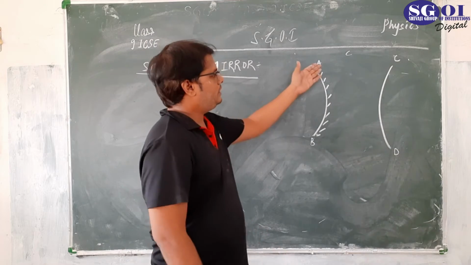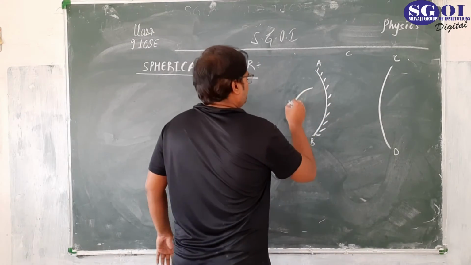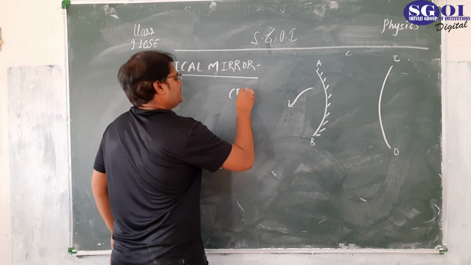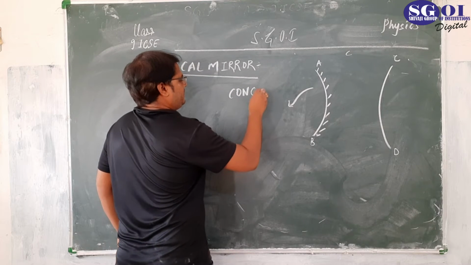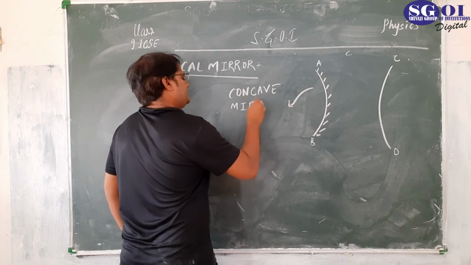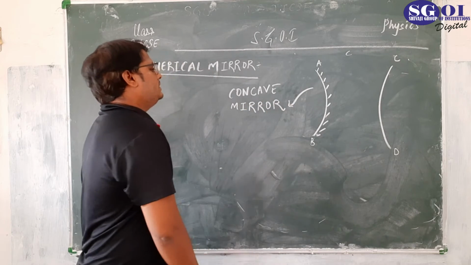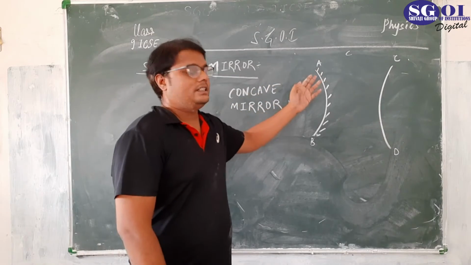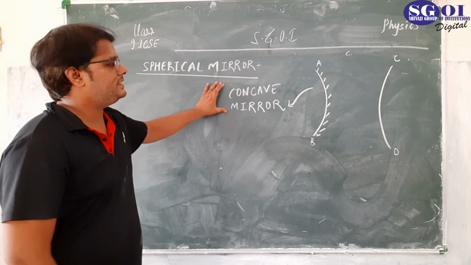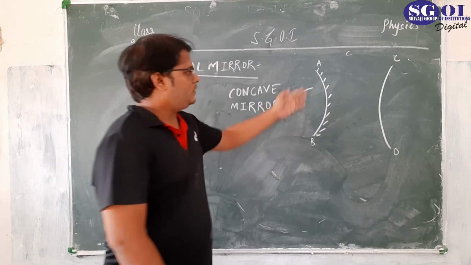So if you polish on the outer surface, then the mirror is known as a concave mirror. If polish is done on the outer side of a transparent glass surface, then the mirror formed is known as a concave mirror.